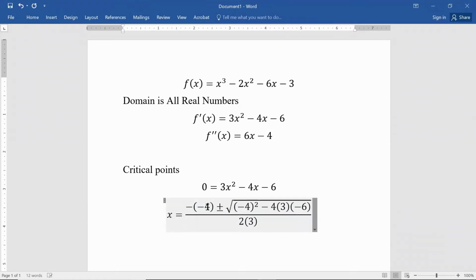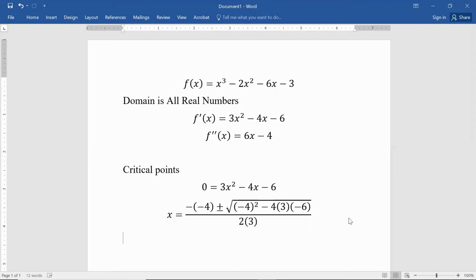So I got two critical values. One of them is when I use a plus, the other is when I use a minus. That square root, negative 4 squared minus 4 times 3 times negative 6, becomes 88.